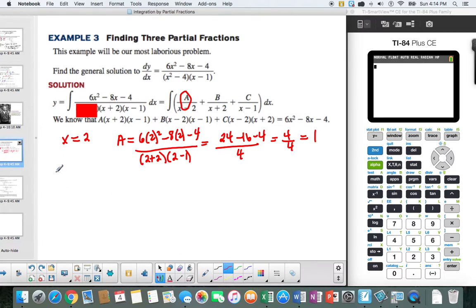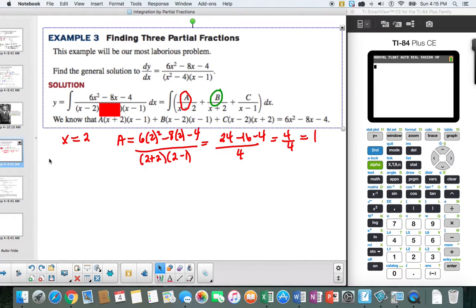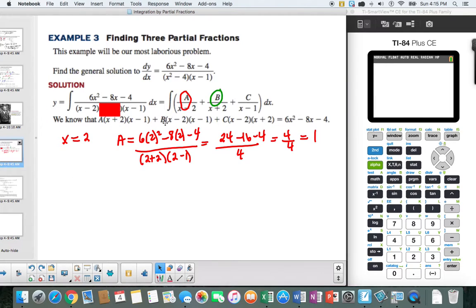All right, now let me change my color. If I want to find B right here, let me take my pointer, and I'm going to hide this portion right here. Okay, and now I'm going to let x equal -2. Why is it -2? Because that's what that denominator is.